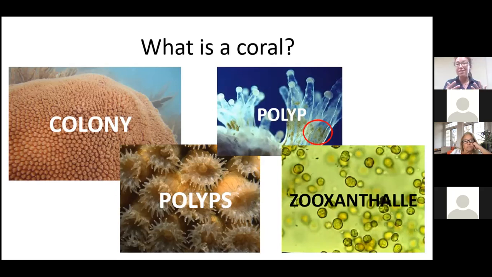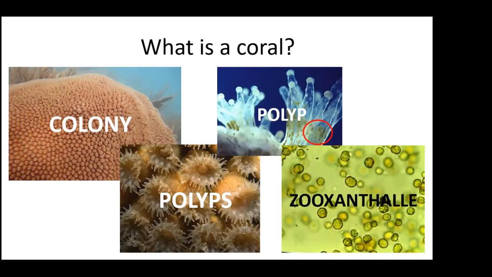It's a single-celled organism which is living inside of the coral host, and it's converting the sun's energy into food and nutrients for the entire coral colony through photosynthesis. So that is how the coral animal, the entire colony, obtains most of its nutrients: through that photosynthesis and that symbiotic relationship with the zooxanthellae.